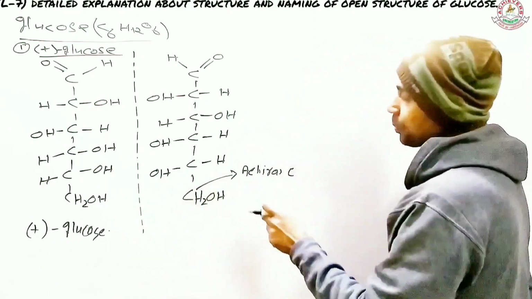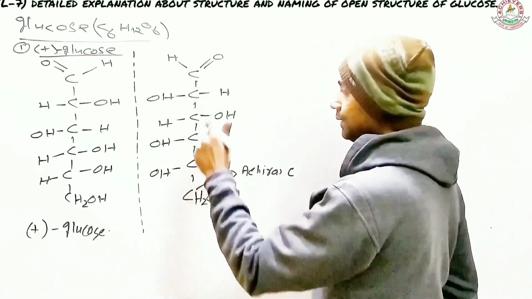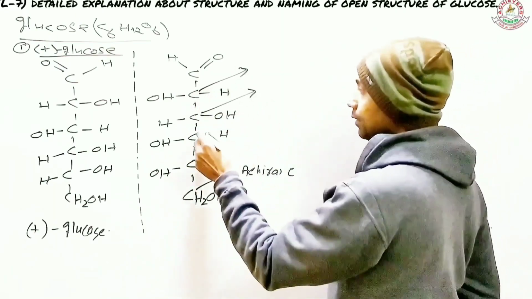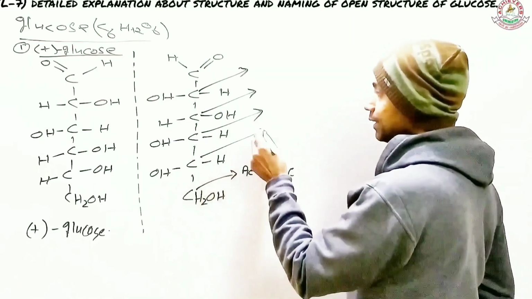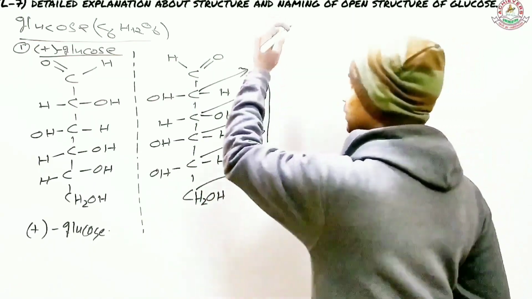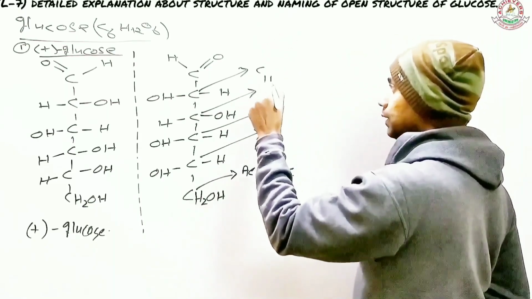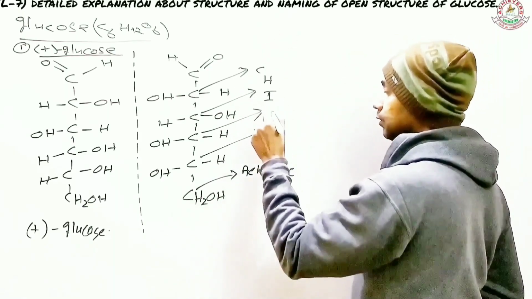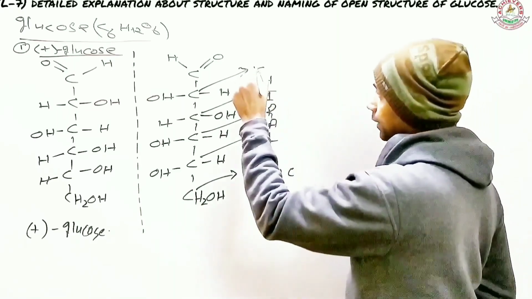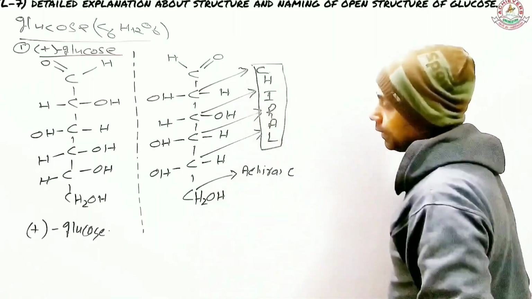Like I was saying, these 4 carbons are actually chiral carbons. This is chiral, this is again chiral, and this is again chiral. So these 4 carbon atoms are chiral here.